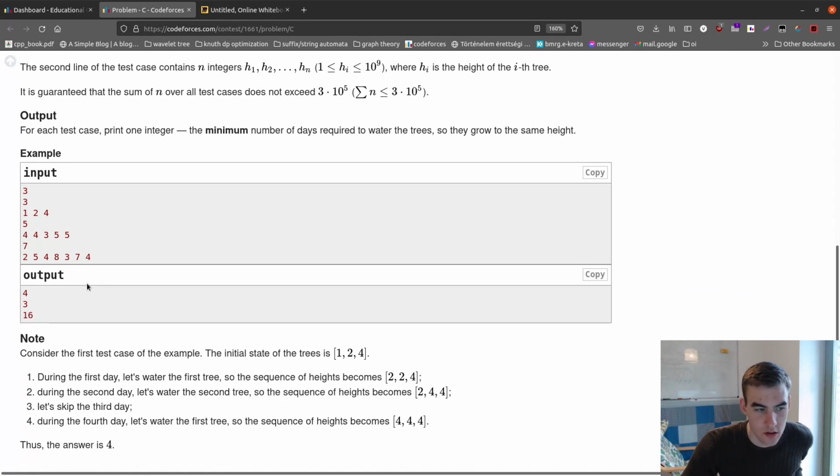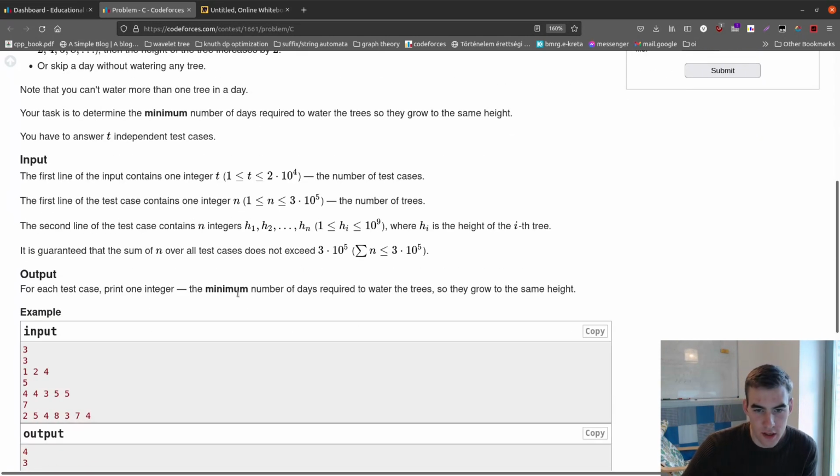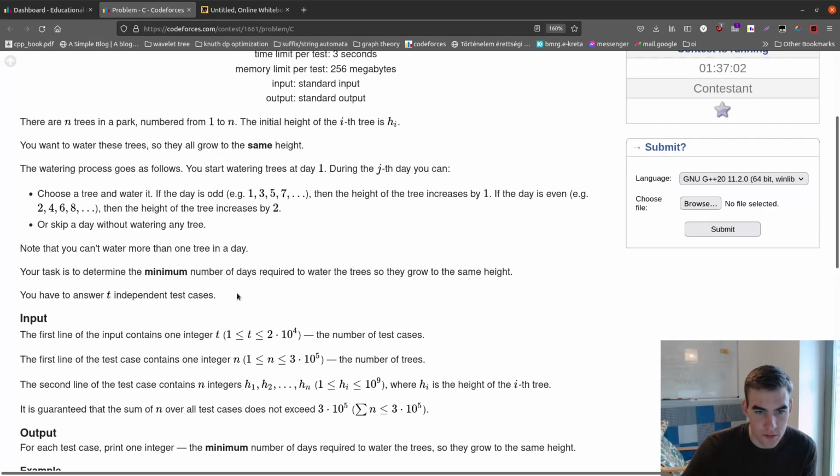And then each day, so I have k odd days and k even days. The number of 2's and 1's that I add to the trees will differ by at most 1.